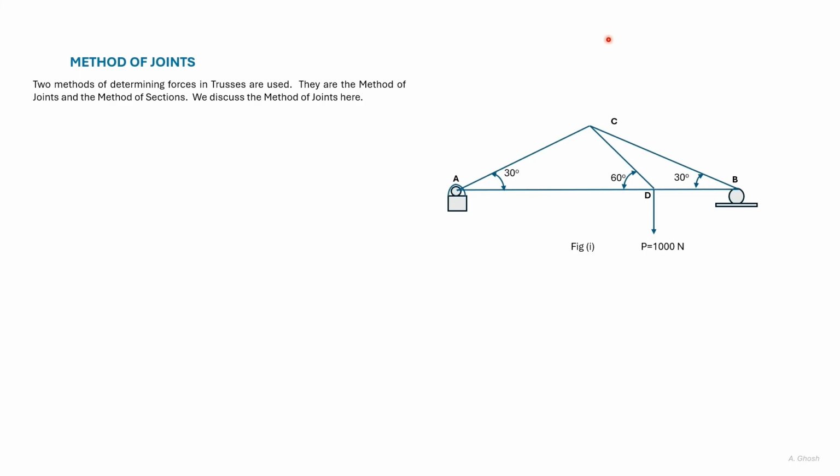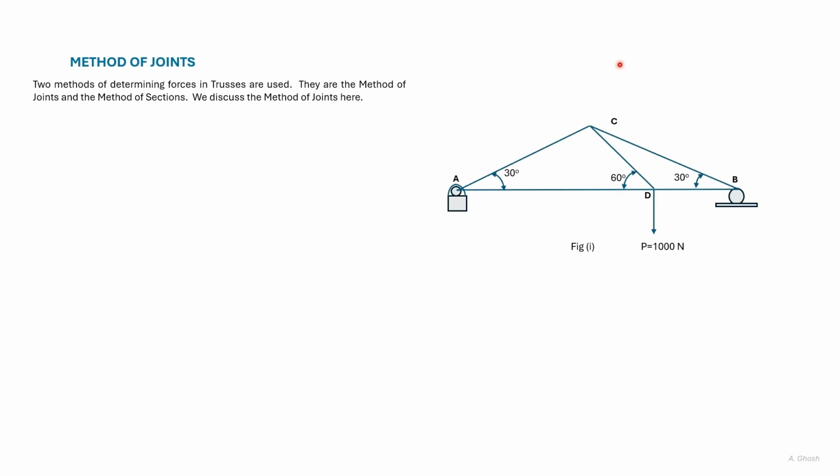We earlier discussed the case of a weight hung by three strings, and we took the free body diagram of the knot that connects the three strings, and in that way we found the forces in the strings.